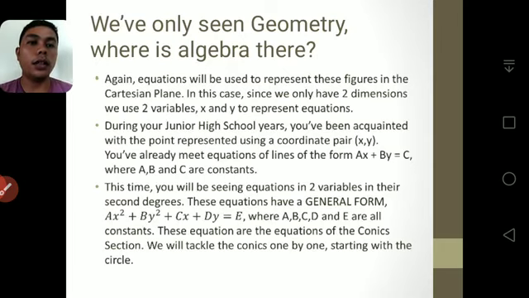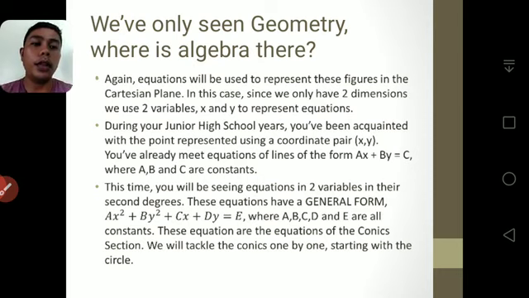We've only seen geometry here. Where is algebra there? Again, equations will be used to represent these figures in the Cartesian plane. In this case, since we only have two dimensions, we use two variables, x and y, to represent equations. During your high school years, you've been acquainted with the point represented using a coordinate pair, x and y. You've already made equations of lines of the form ax plus by is equal to c, where a, b, and c are constants.